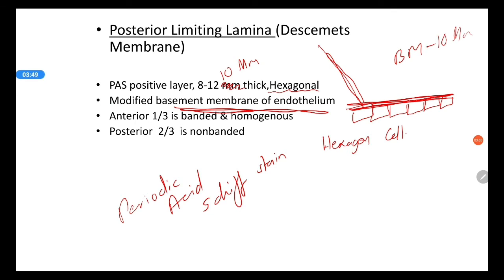It has two layers. The anterior is the banded and the posterior is non-banded, which is closer to the endothelium. The anterior one is banded.